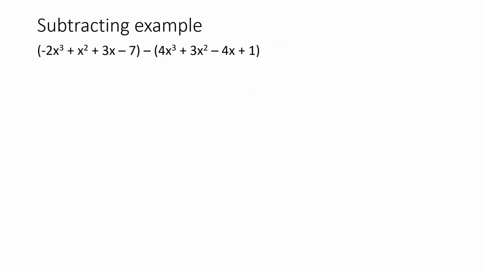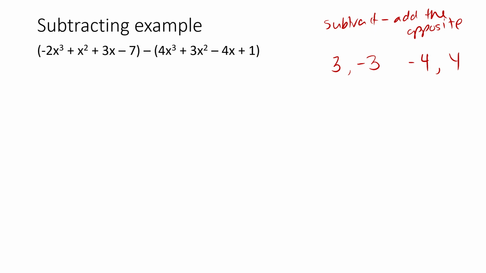Now, what might help you out is to remember that subtraction literally means to add the opposite. And remember, when it comes to opposite, the opposite of 3 is negative 3. The opposite of negative 4 is positive 4.